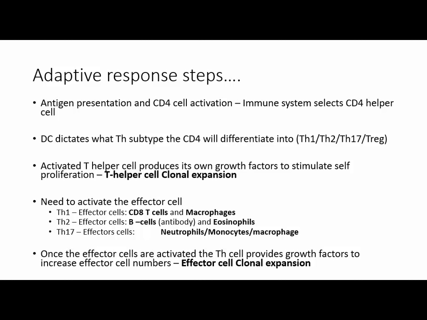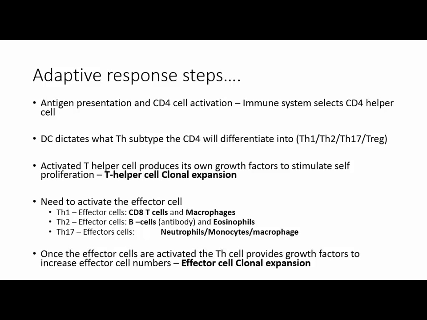Now, in terms of the adaptive response and any question associated with the adaptive response, these are the series of steps. Antigen will be presented to CD4 cell to activate the CD4 cell.